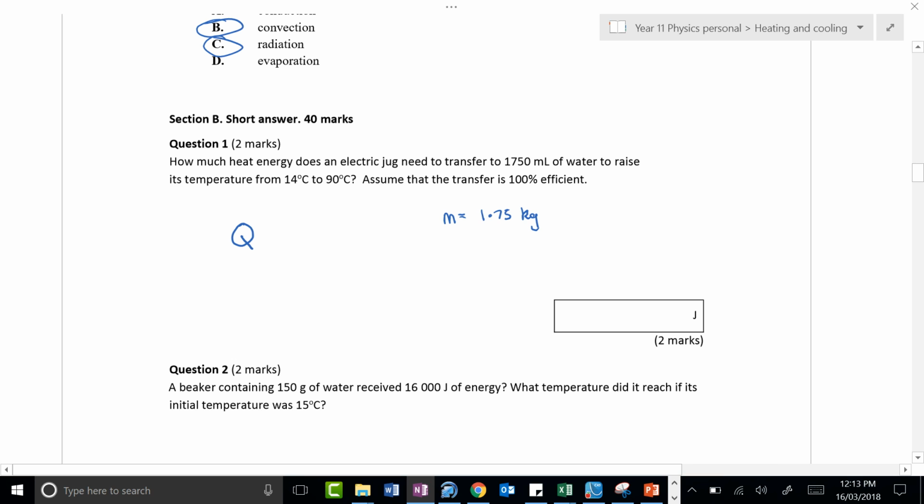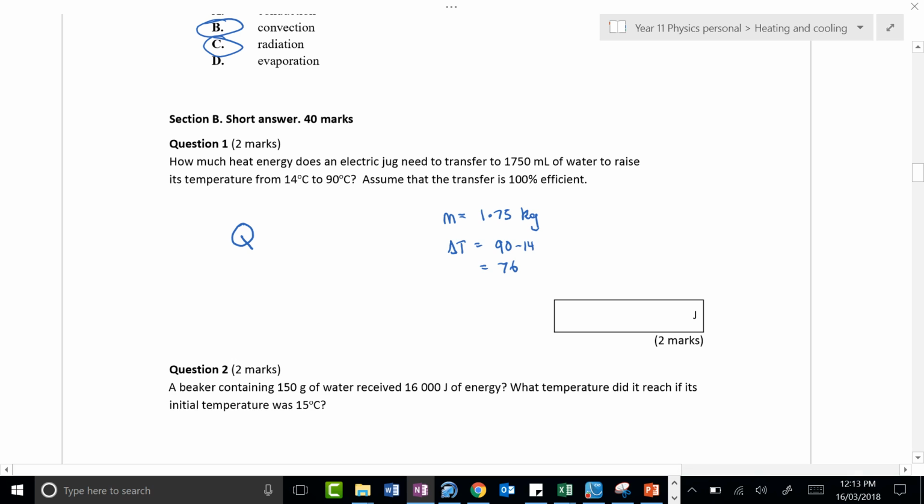And to raise it from 14 to 90 degrees, that change in temperature is 90 minus 14, which is 76. Assume that the heat process is 100% efficient.